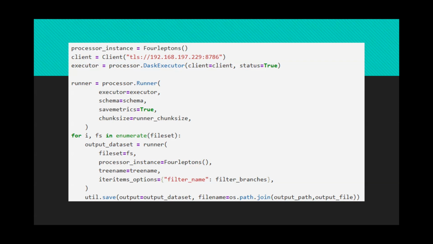So to conclude, the script is running a distributed Coffea analysis with Dask. It sends chunks of event data to a Dask cluster, processes them with my custom 4-leptons analysis logic, and then collects the results and saves them.